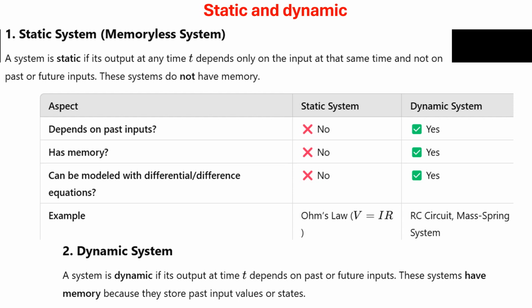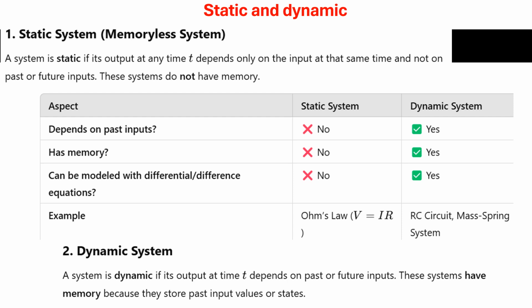For example, with v is equal to i R, Ohm's law, the voltage varies with the corresponding present current values. However, an RC circuit or LR circuit has memory. So that will be called a dynamic system, because it depends not only on the present, but also on the past values.